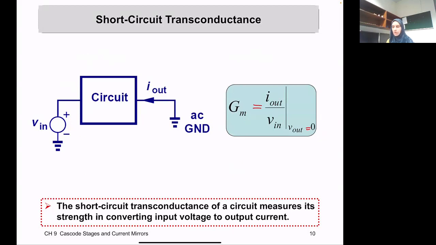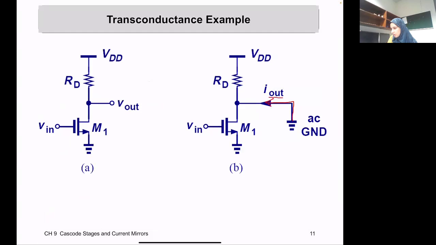So it is I out over Vn when V out is equal to 0. This is the way to find the capital GM of our circuit. So here we are shorting the output and finding what I out divided by V in is.